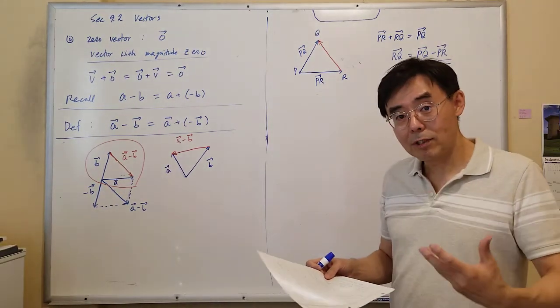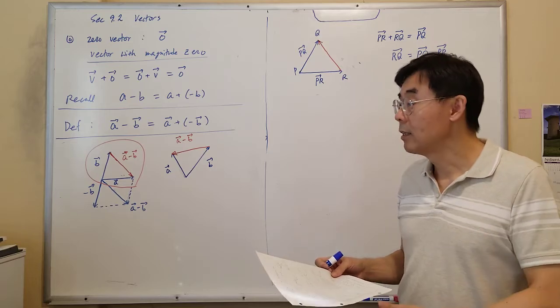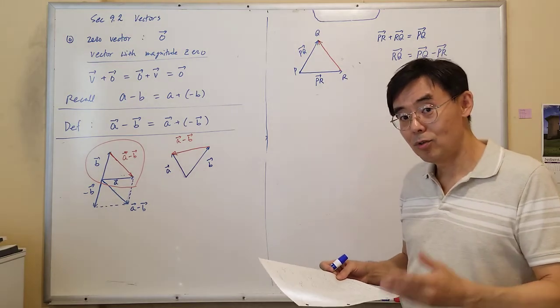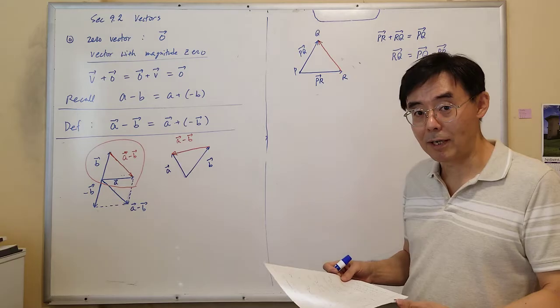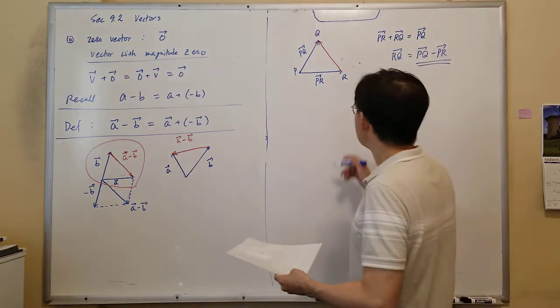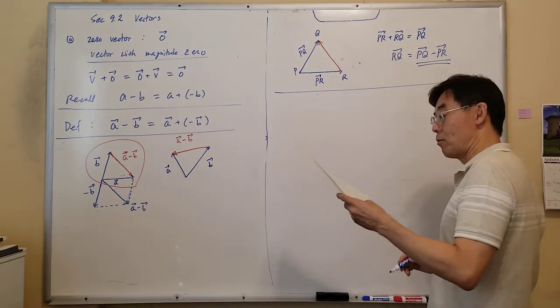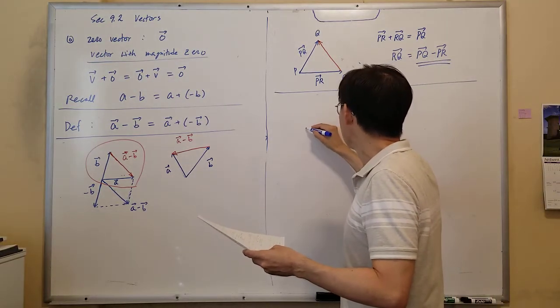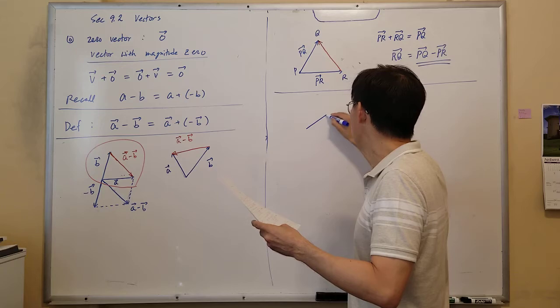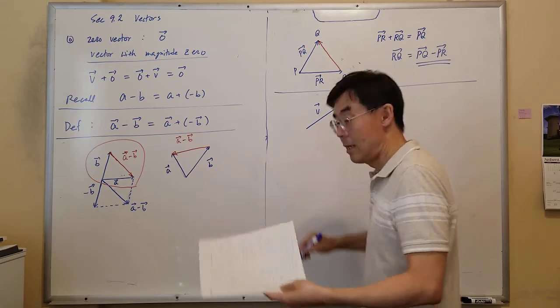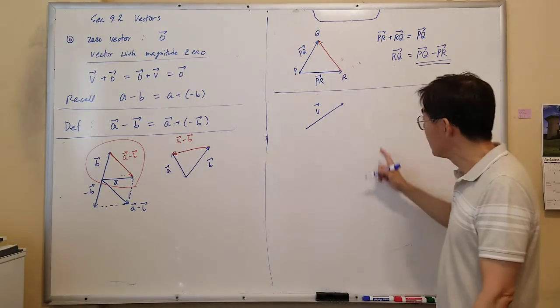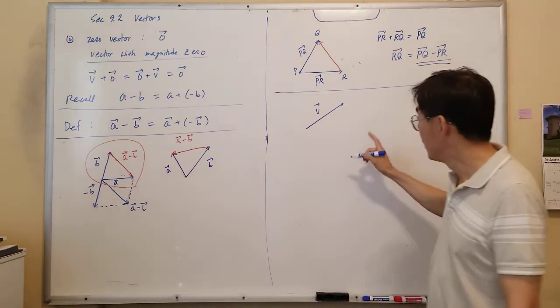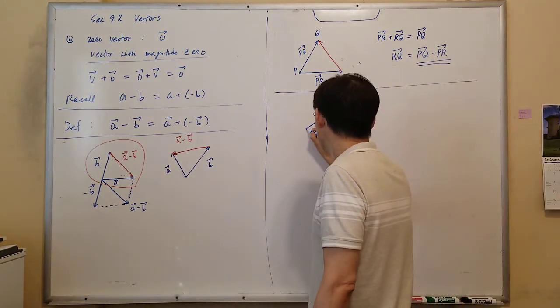There's another way of describing vectors, direction and the magnitude using components, right? More of a digital approach, you would say. So for example, when you have a vector, let's say v is given, how do we describe the direction? Well, one way to do that is this.